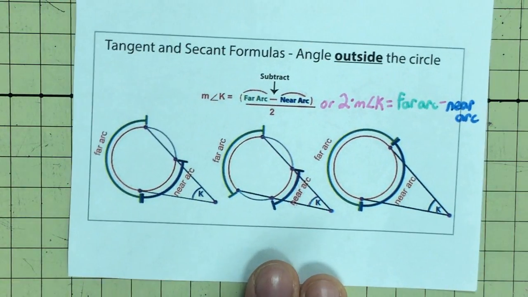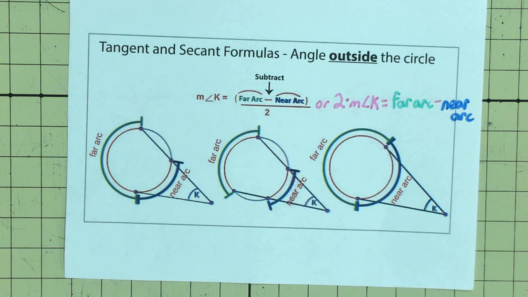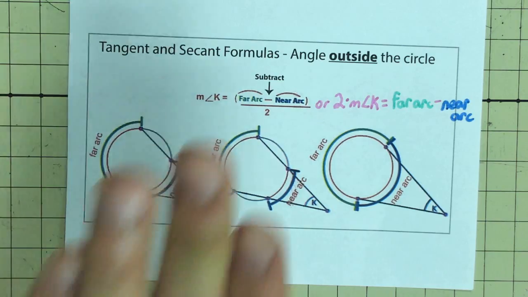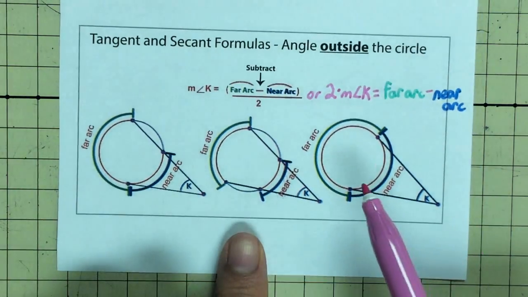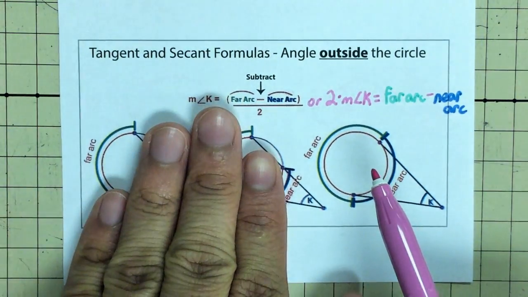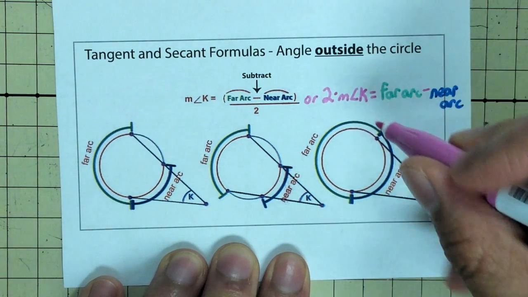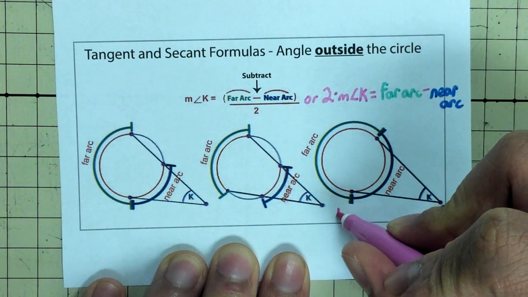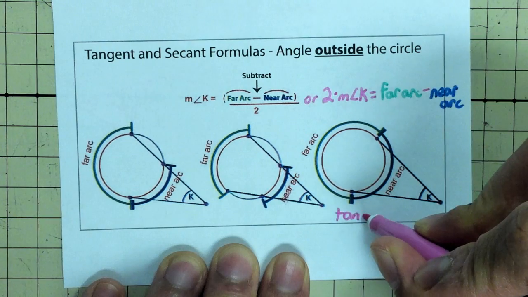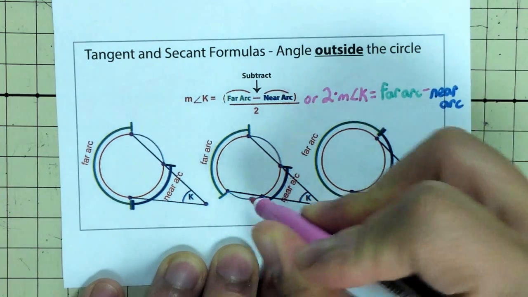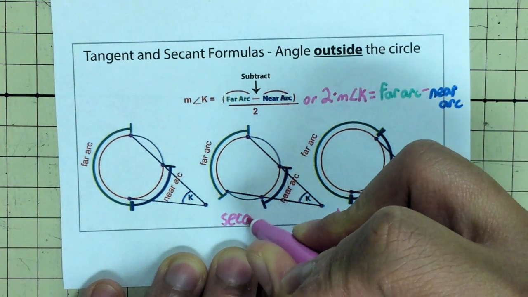Next up, let's take a look at some arcs over here. Tangent and secant formulas. For now, we'll focus on the tangent parts. Tangent would be this last one. So this is tangent. This one over here is secant.